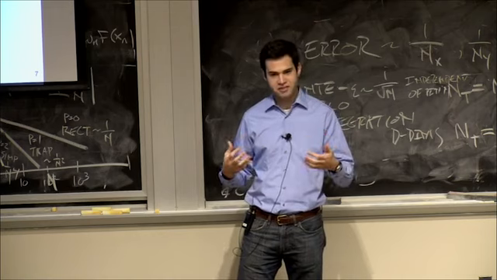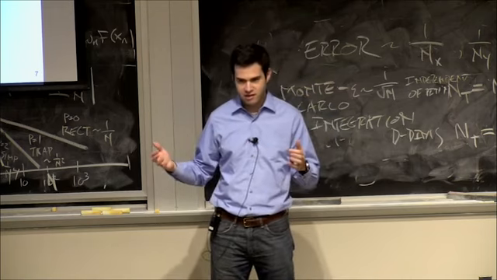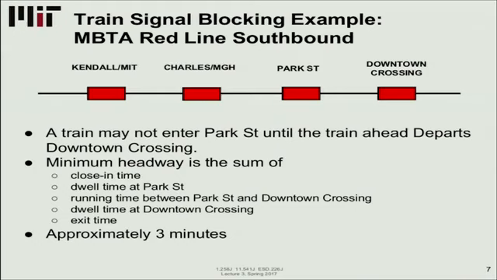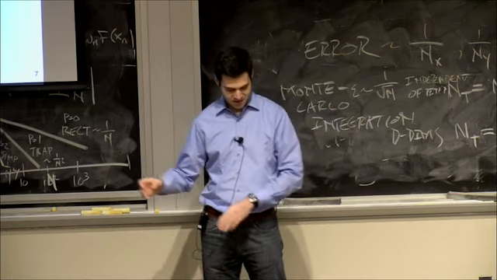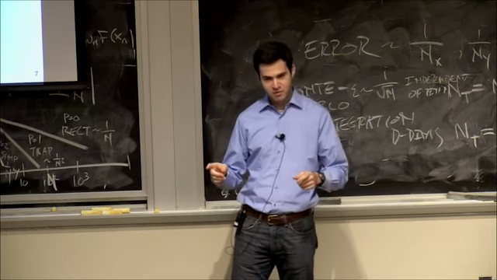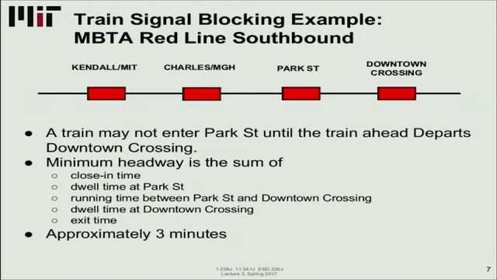So there's a concern that the braking distance might be quite long. And to be very safe and conservative, trains are not allowed to enter Park Street until the train ahead departs Downtown Crossing. So you need to clear the platform of Downtown Crossing, and only then can you start moving into Park Street. So that might cause trains to be held up at Charles, actually.